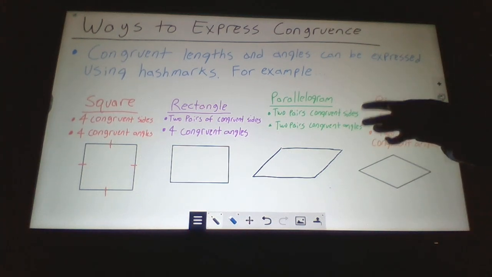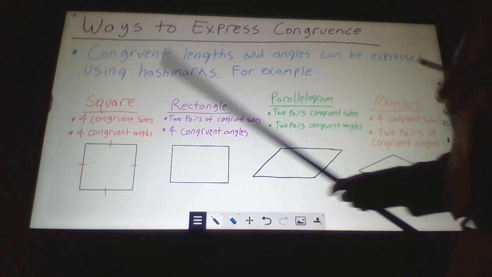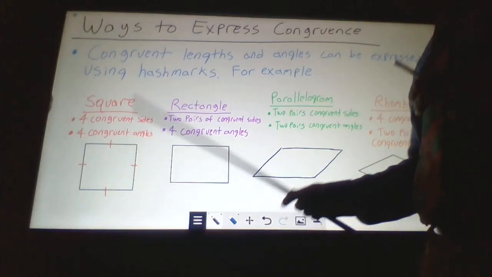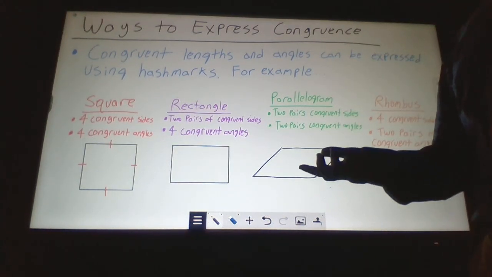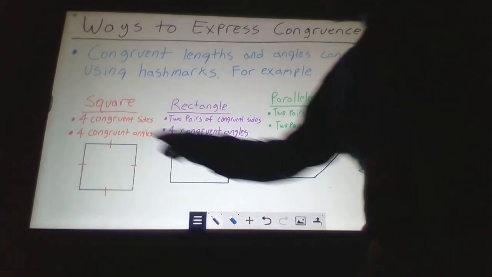This single hash mark on each of the four sides indicates that each of these four sides has equal measure, equal length, regardless of what that length actually is.